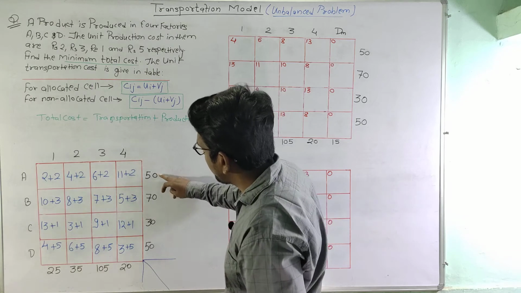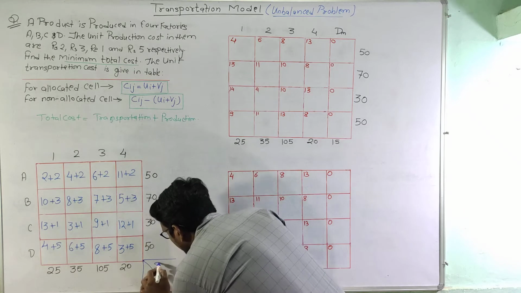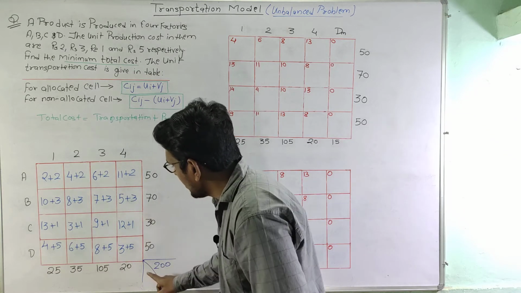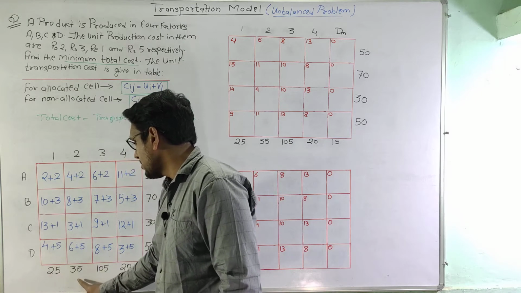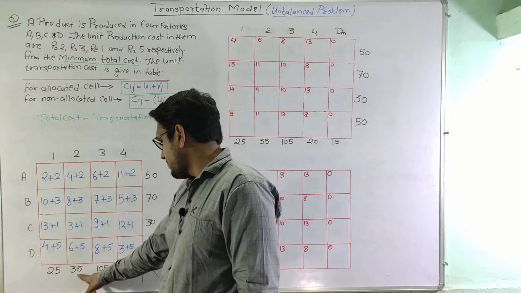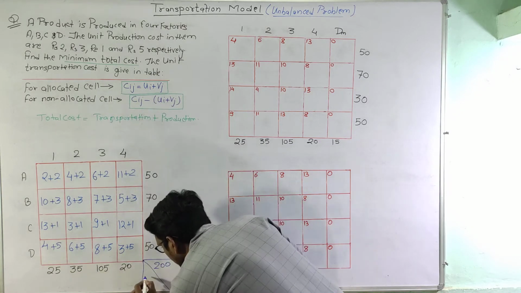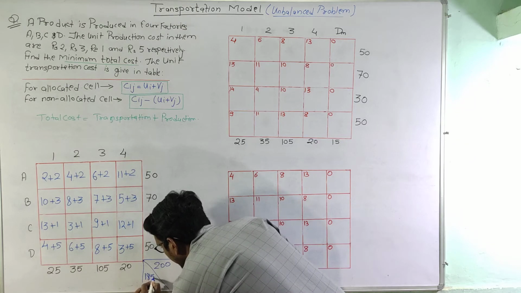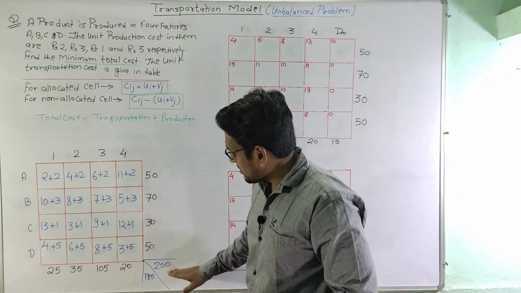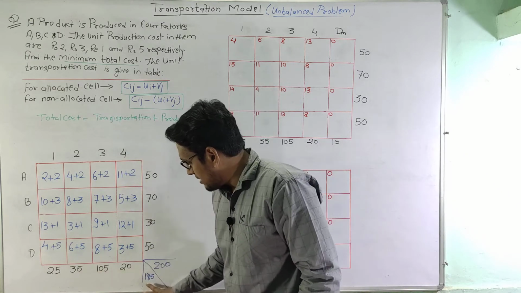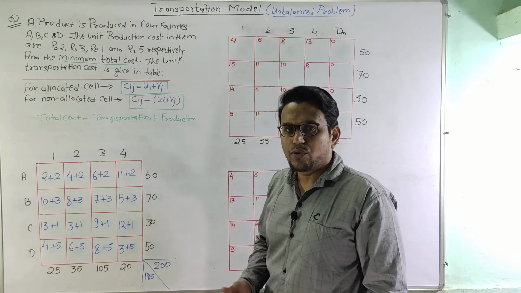Here we have 50 plus 100 plus 50, that means 200, and here we have demand as 25 plus 35, that is 60, and this will be 80, and 105, this will be 185. So here we can see that the supply is 200 and the total demand is 185. That means total supply is not equal to total demand.